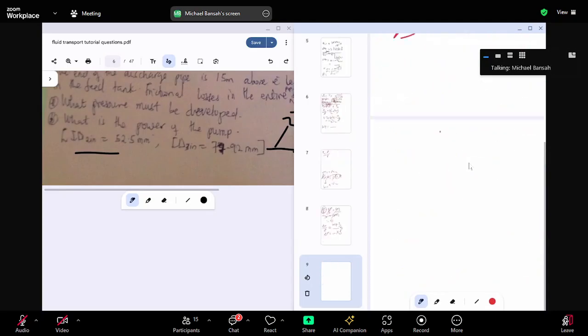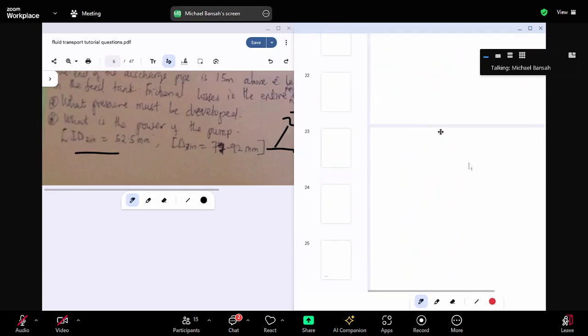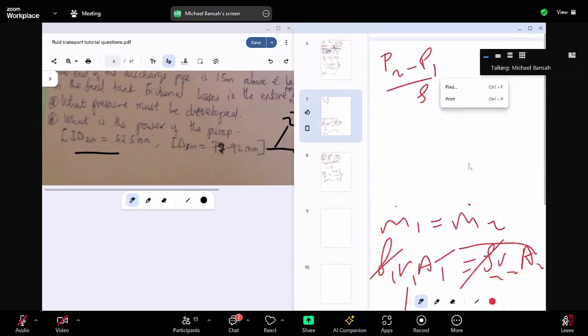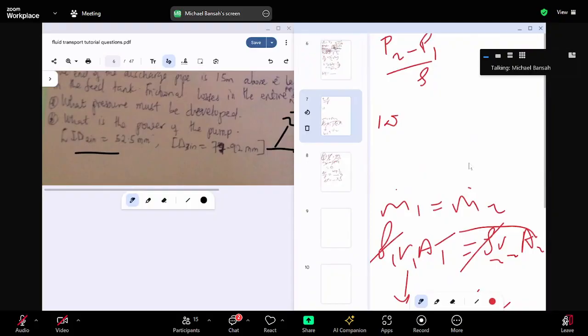That's the unit. So my work has a unit of Joule per kilogram. If this is my work, then I can find my power.